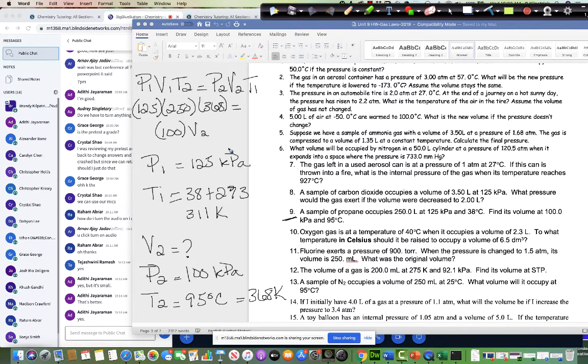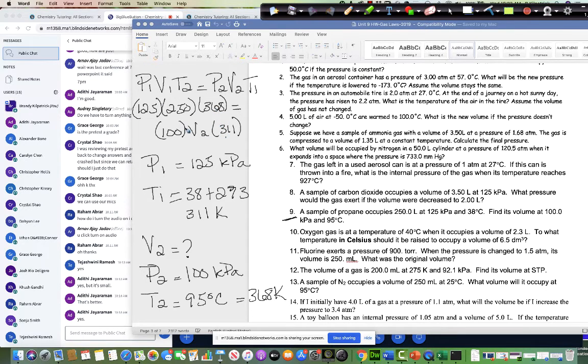And T2 is going to be 311. Make sure you're using the correct temperature. Wait, hold on. Yes, okay, so our initial temperature is going to be 311. Our final temperature was 368, okay? So make sure that you are not flipping those numbers.